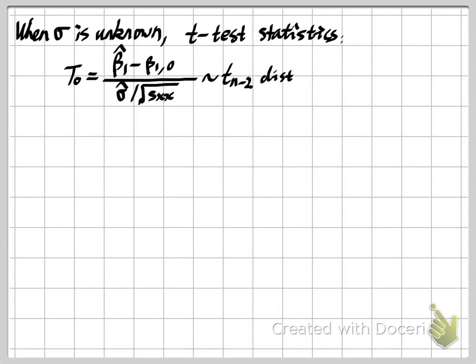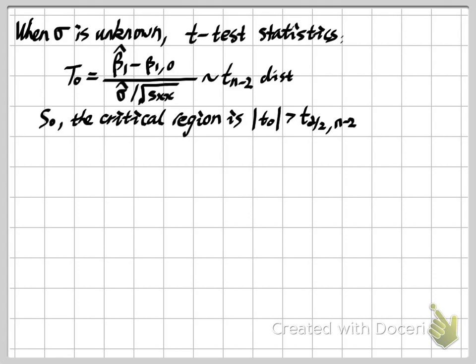So our critical value is t alpha over 2, n-2, and our critical region is the absolute value of T0 greater than the critical value t alpha over 2, n-2.